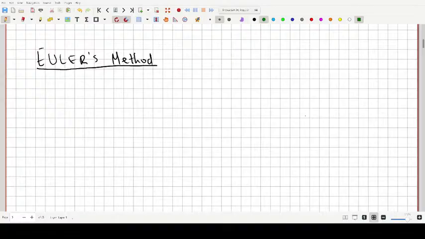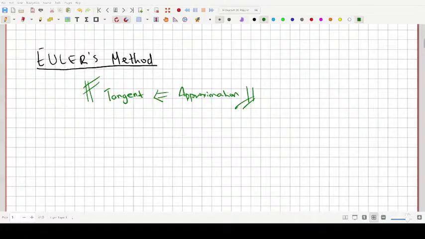So the core idea is as follows. The tangent is used for the approximation. Now, again, let us consider the same equation. Let's take a working example once more, right?